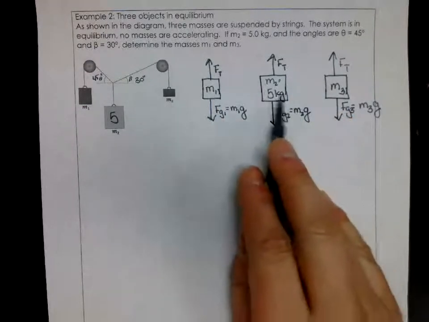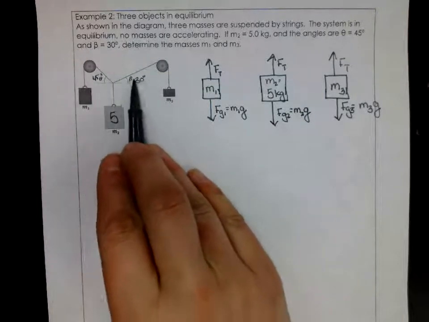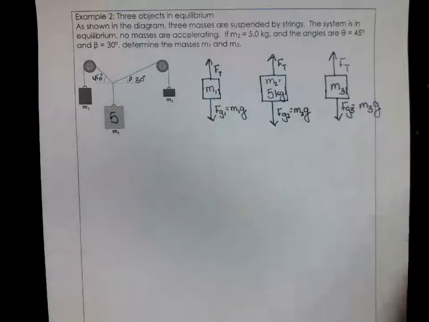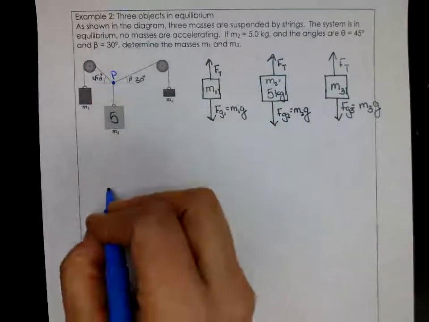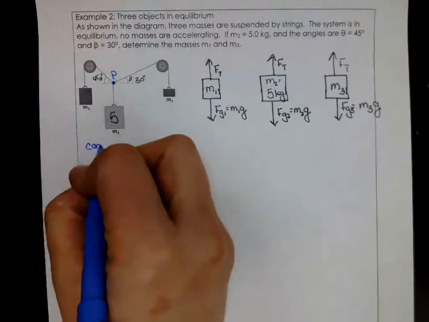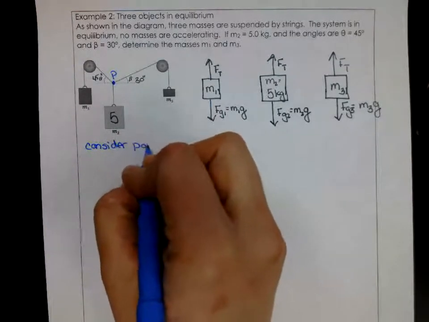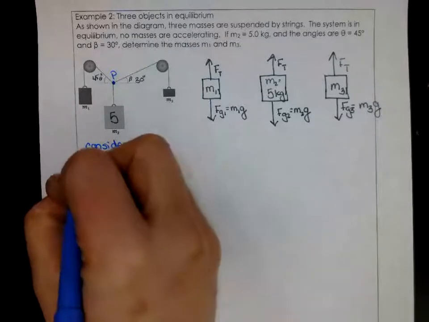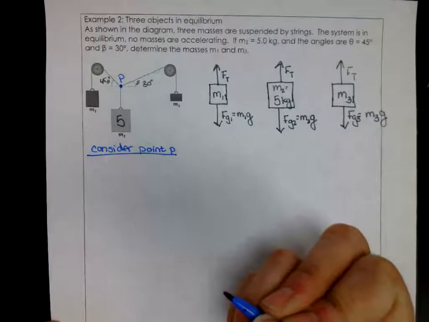This information isn't taking into account these angles right here and this system we have going on here in the middle. So we need to consider that system, and we're going to call that system point P. So we're going to consider point P. Our system is in equilibrium.